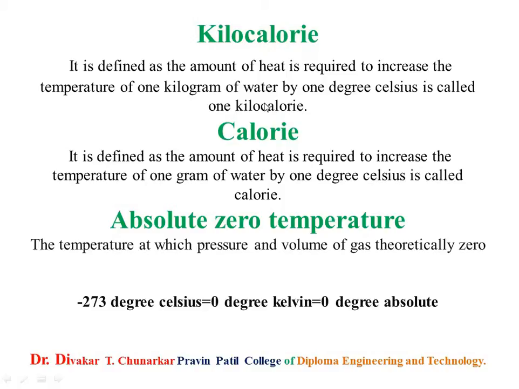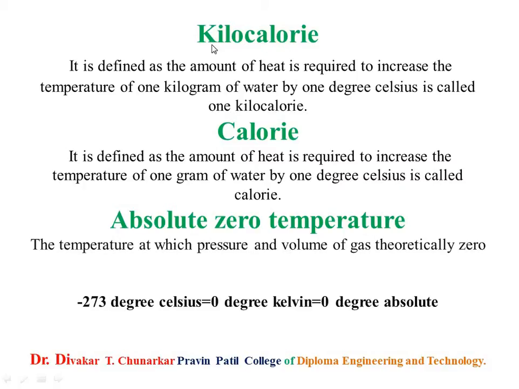Again, I repeat this definition. It is defined as the amount of heat required to increase the temperature of 1 kilogram of water by 1 degree Celsius is called 1 kilocalorie. Then define calorie. It is defined as the amount of heat required to increase the temperature of 1 gram of water by 1 degree Celsius is called calorie.